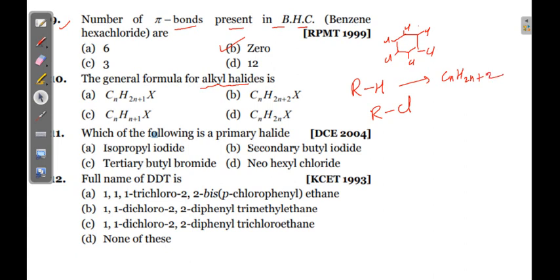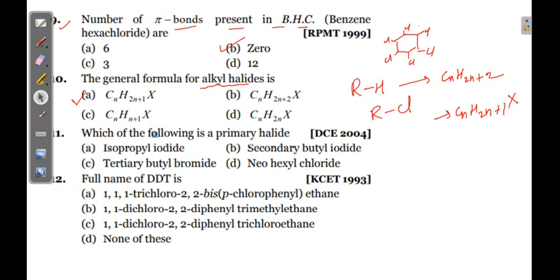Here one hydrogen is replaced, so CnH2n+1, and then the halogen is attached. So CnH2n+1X means option A. Is there any doubt? You can cross check.